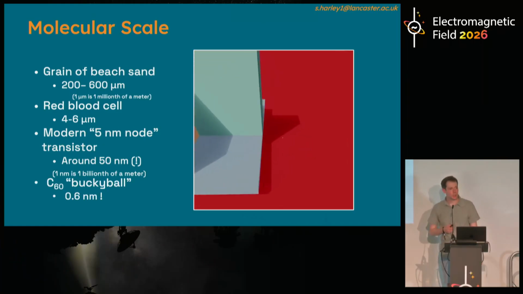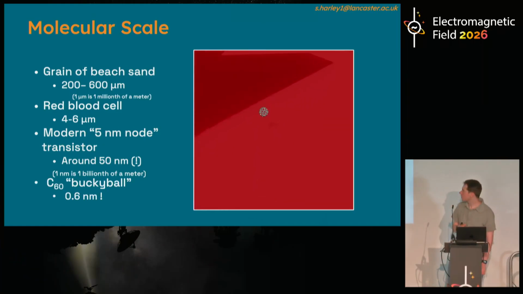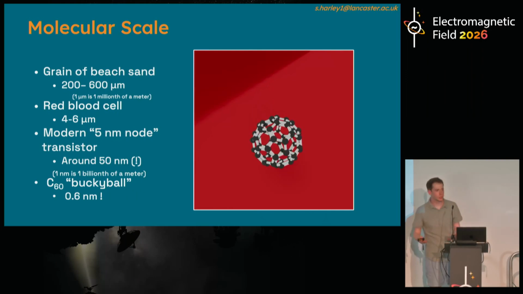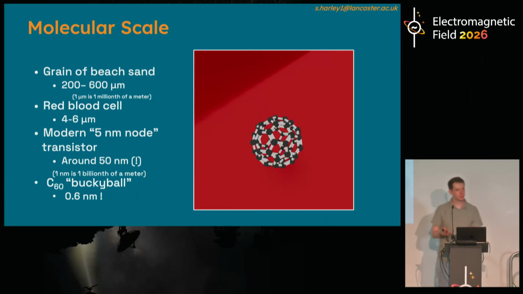This is a carbon-60 buckyball. It's a stable structure that exists in nature, a football shape of 60 carbon atoms. It's a very complex shape, but it self-assembles from the bottom up, and that's how nature makes things. They form a low-energy configuration that's stable. And this is just 0.6 nanometers across, so 0.6 of a billionth of a meter.